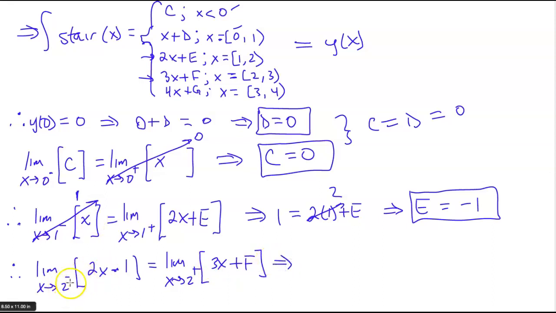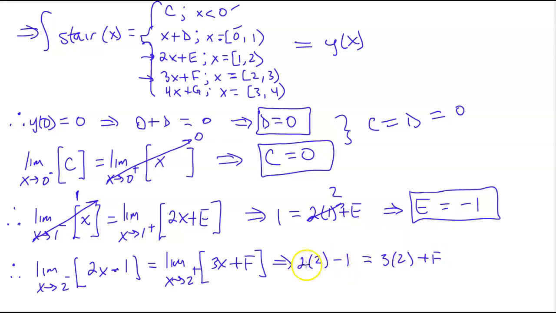Of course, on the left side we can just plug in 2 times 2 minus 1. On the right side, plug in the 2 plus f.